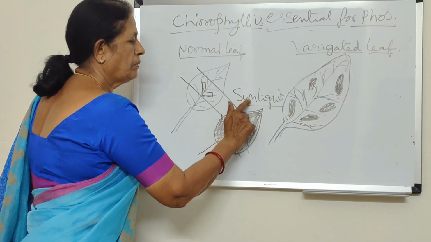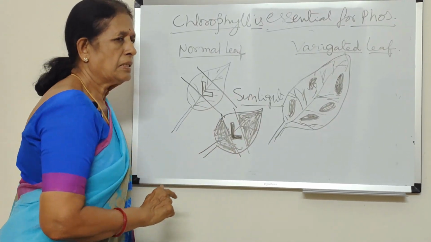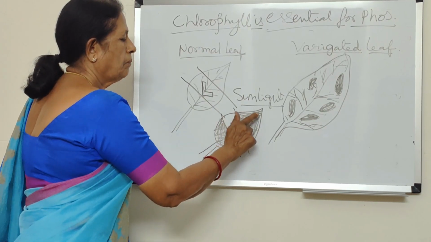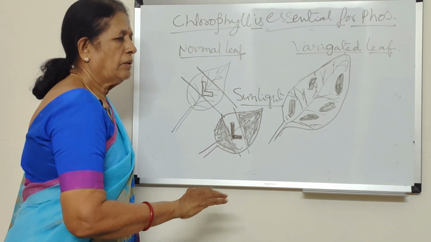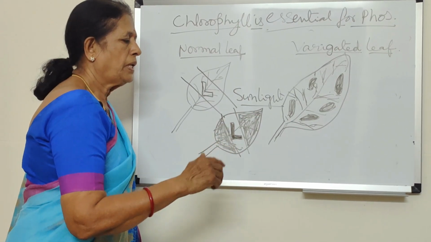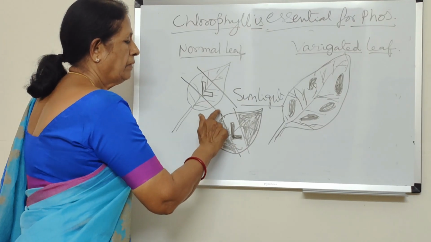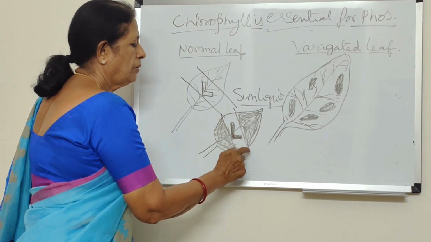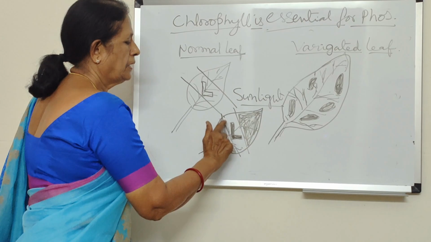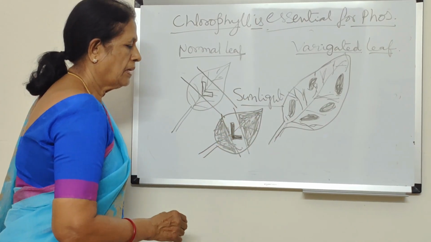In the same way, we can prove sunlight is essential for photosynthesis by taking a plant kept in a dark room for a few days, taking it out, covering the leaf with a cardboard with a small cut, and exposing it to sunlight.